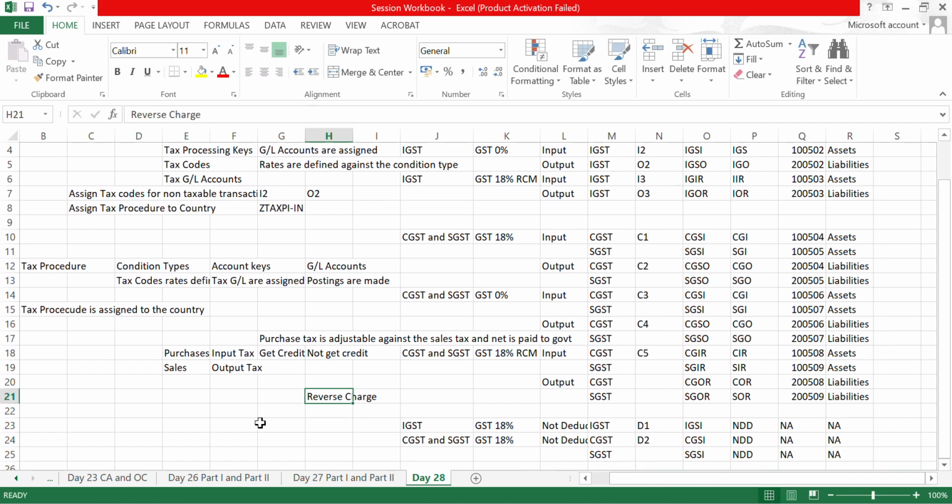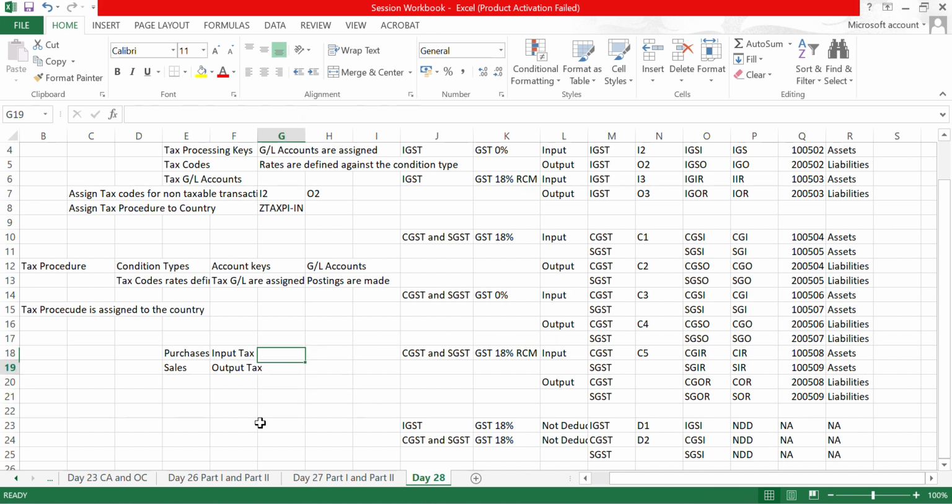Reverse charge means when the purchase is made, in the purchase invoice the tax is not shown, but it is the liability of the purchaser to calculate the tax and pay the tax to the government. It is not on all the services, it is on the few services which the government has specified.